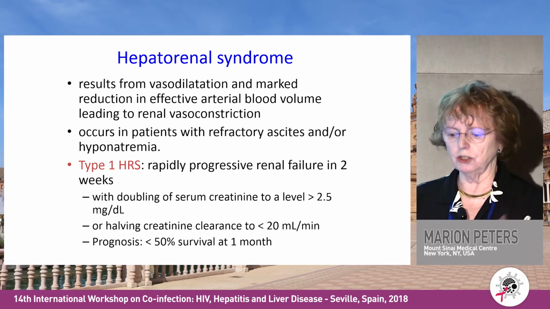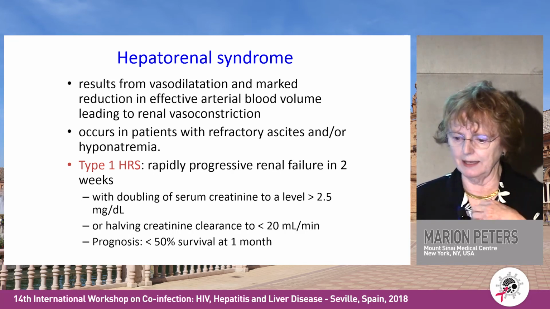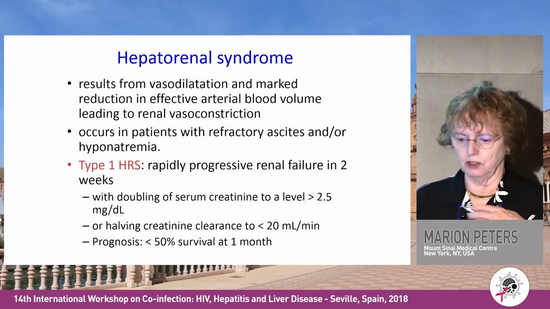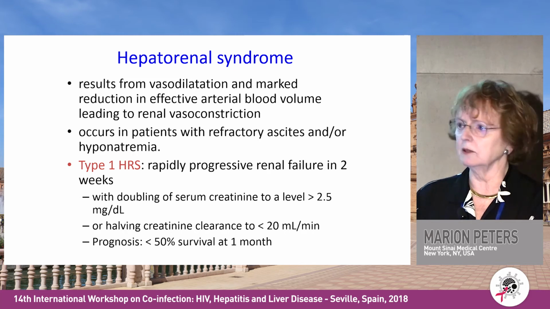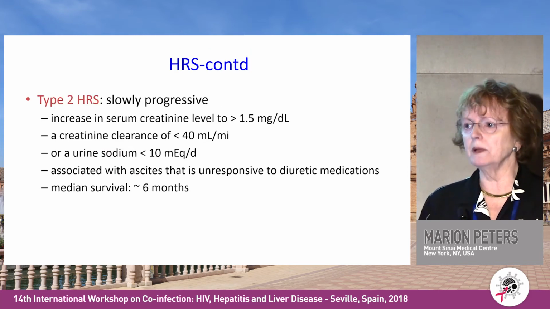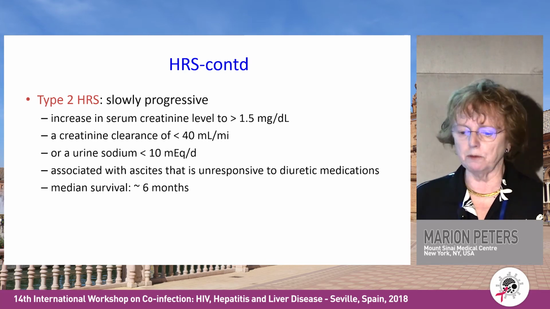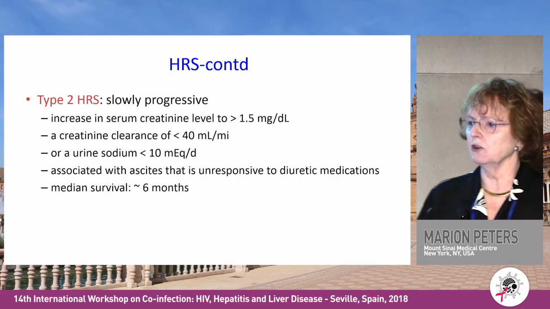There are two types. Type 1, which is acute, rapidly progressive, most commonly seen in alcoholic hepatitis, with a rapid doubling of serum creatinine and a horrible prognosis without dialysis. Type 2 is much more common. It's what we see in our end-stage liver patients. It's slowly progressive with an increase in serum creatinine.